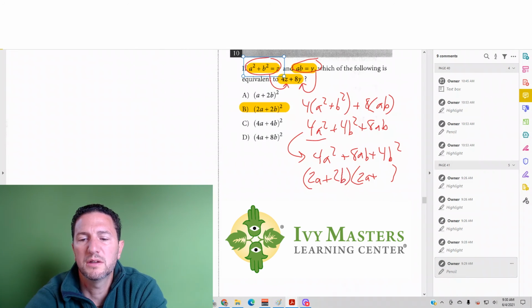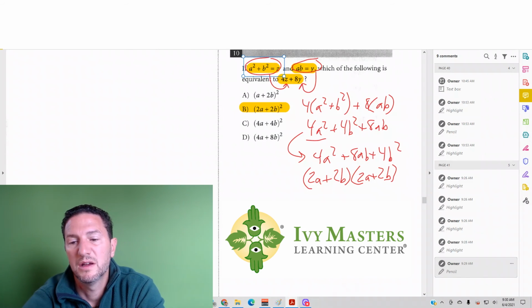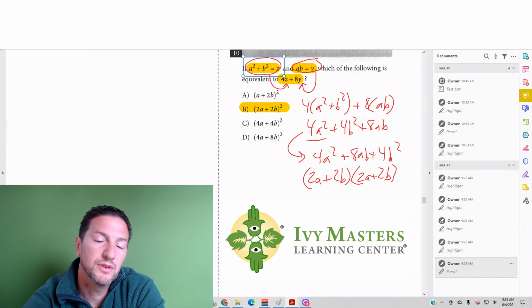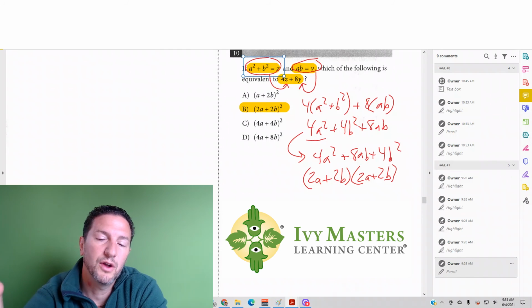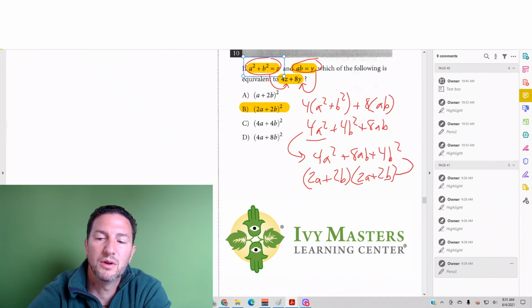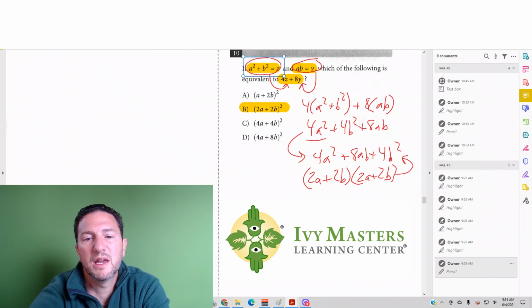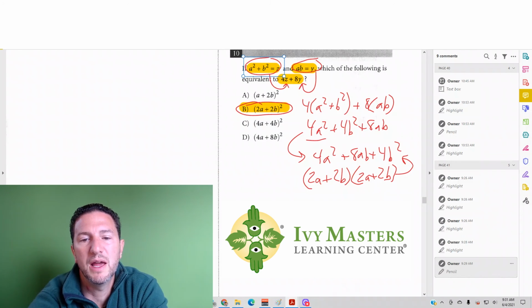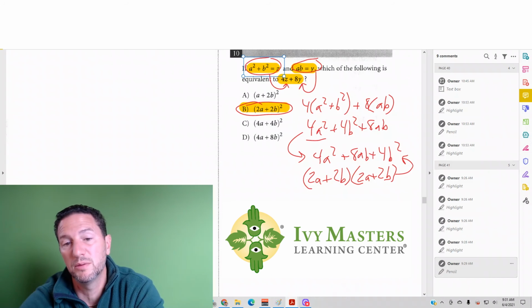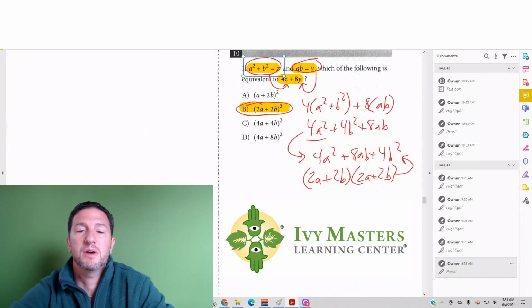It's 2b, so that's going to go there and there. And then if I FOILed, sure enough, we already checked the first and last terms. If I did the outsides and insides, I get 4ab plus 4ab, which sure enough is 8ab. So if I FOILed it, I would get back to this. So I know that it works. And then once again, answer choice B is 2a plus 2b times 2a plus 2b, or 2a plus 2b squared.